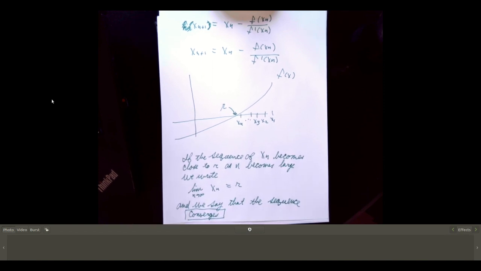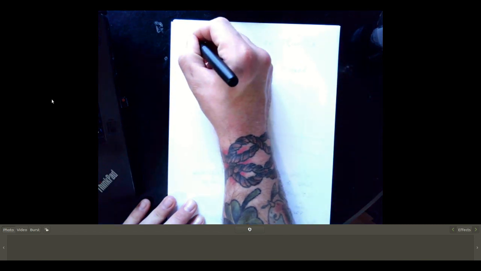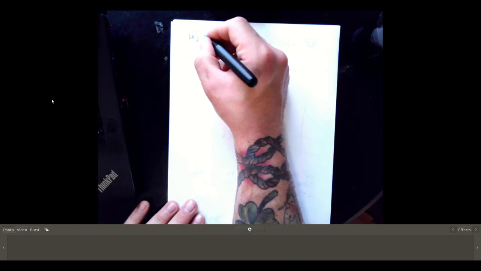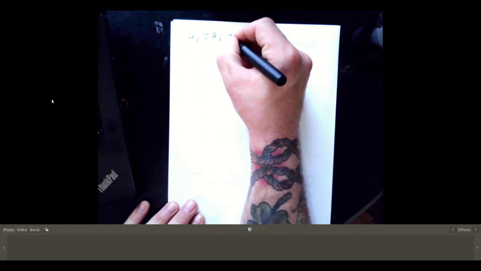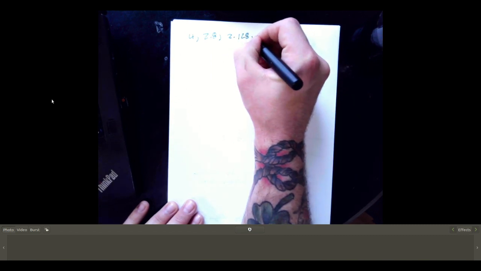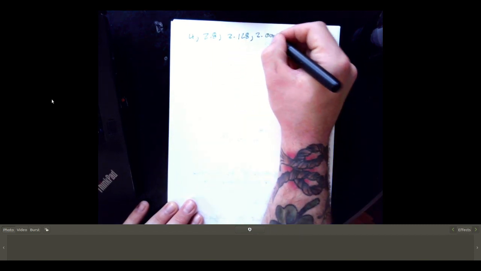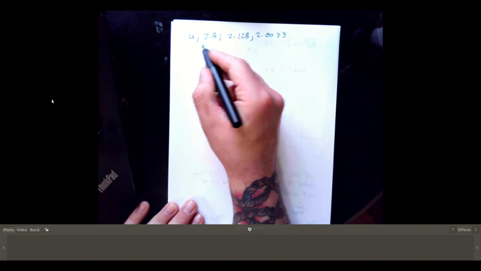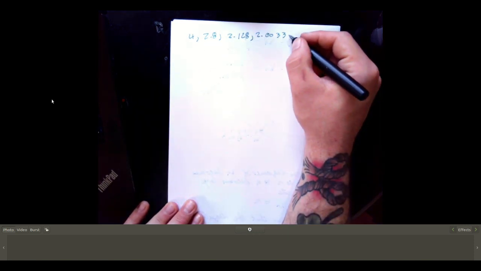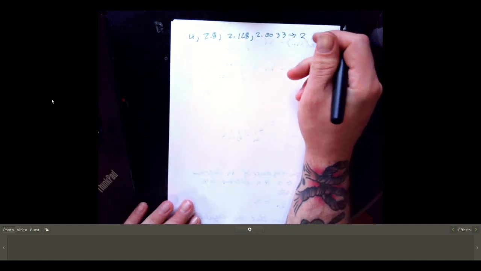So, like in our previous example on Desmos, the values of x that we got, they started at 4, went off to 2.8, then 2.128, and then 2.0033. These values kept on getting closer and closer and closer to 2.